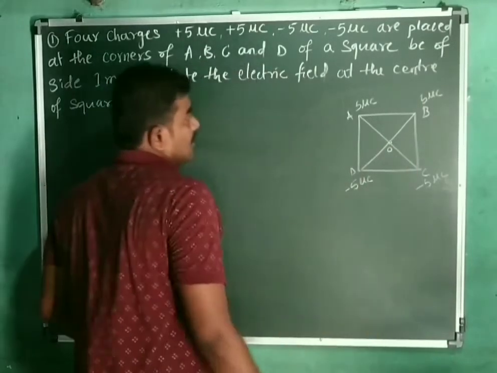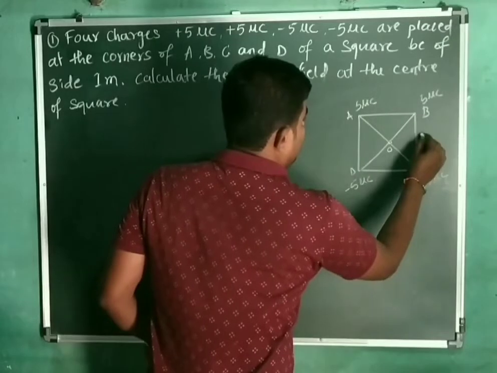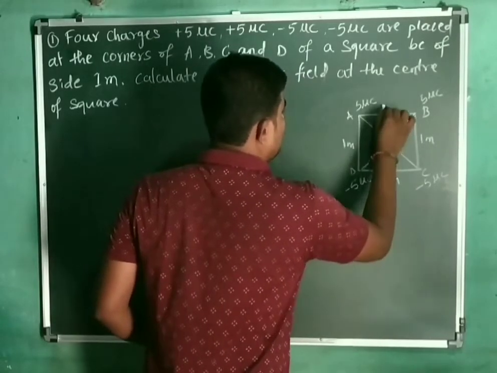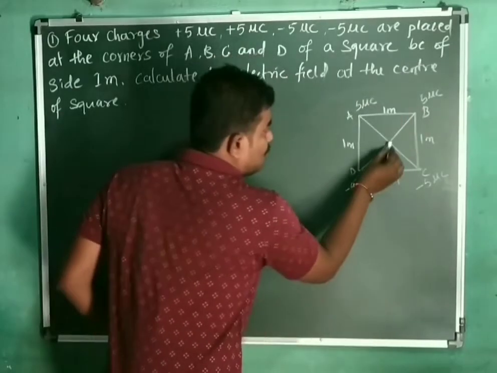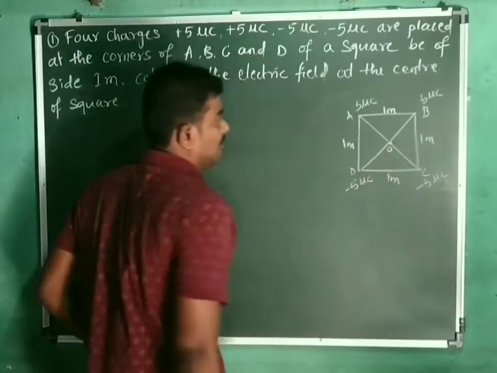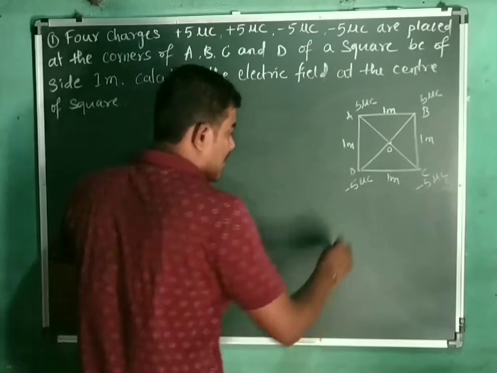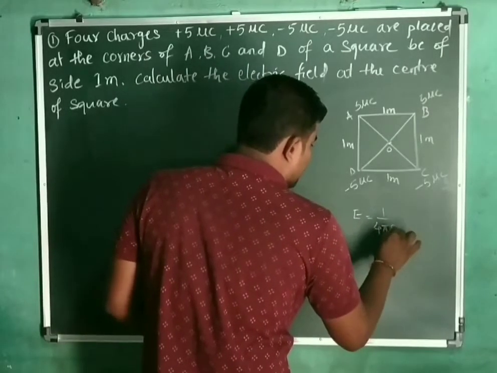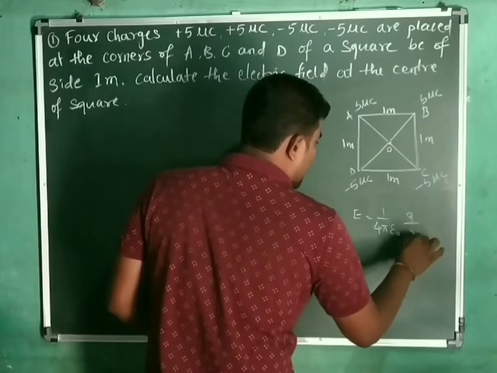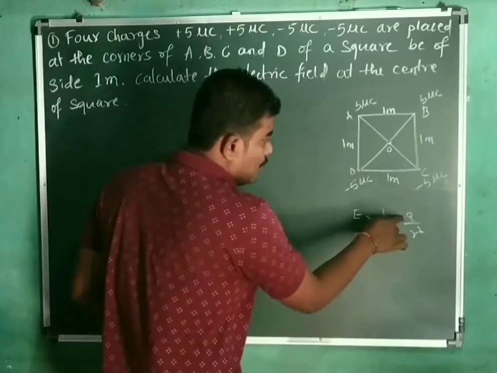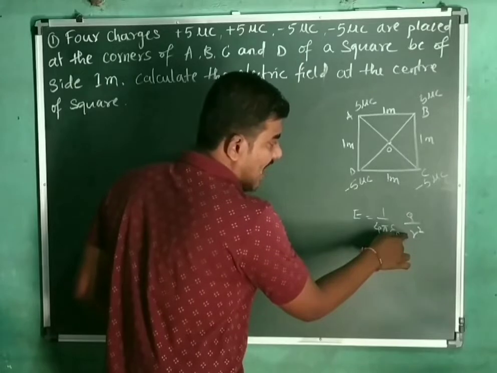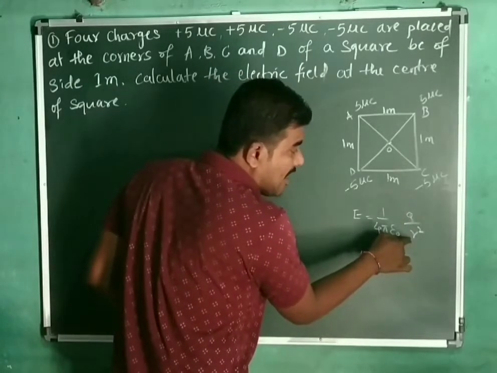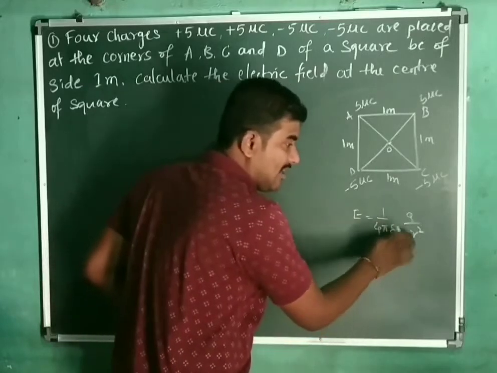Okay, and see here, the side is given, it is 1 meter. Since it is a square, the side is going to be the same, and we are supposed to calculate electric field at this point. Remember, the electric field formula is E is equal to 1 divided by 4 pi epsilon naught Q divided by R square. This Q is the source charge, and this R is the distance between the source charge and the point where we are interested to calculate electric field.